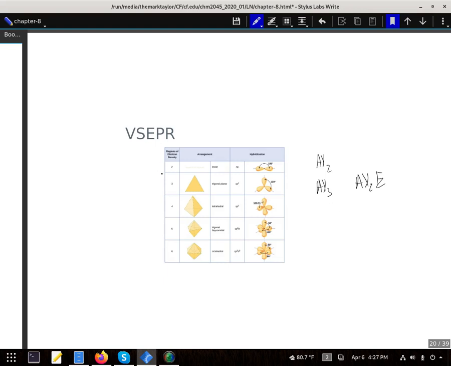It turns out everything in the linear family needs sp hybrid orbitals. Everything here needs sp2. All of these need sp3. All of these need sp3d, and all of these need sp3d2. So we will always do the same thing: find our Lewis structure, and once we have it, we can figure out the hybridization that's necessary.